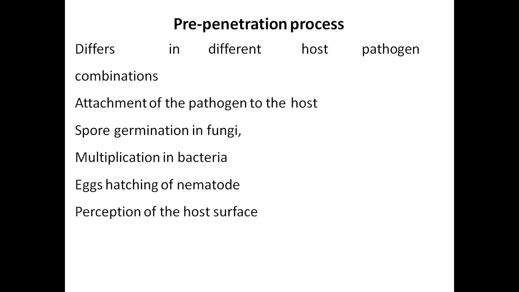Then, what are the processes which take place under the pre-penetration activities? The first one is that the propagules of the pathogen make the attachment to the host tissues, or different parts of the host, maybe on the root, the leaf, or the stem.